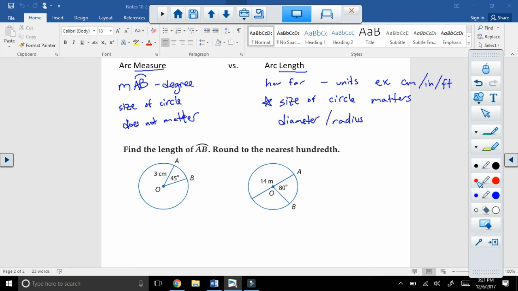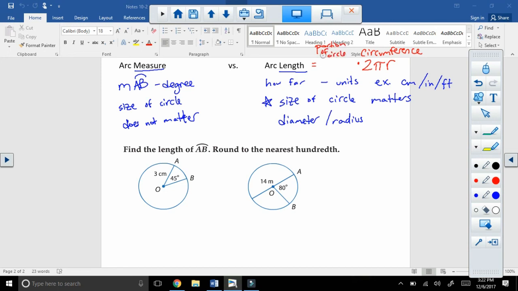I'm going to write out the equation for arc length and then explain why it is what it is. For arc length, you're talking about the distance around the circle. So you're going to need to know the circumference. I'm going to write it over here because that's the way I'm going to write the formula. Circumference is 2 pi times the radius, or you could write pi times the diameter. This is just the way you'll see me write it. But it's not the whole circle, it's whatever portion of the circle you have.